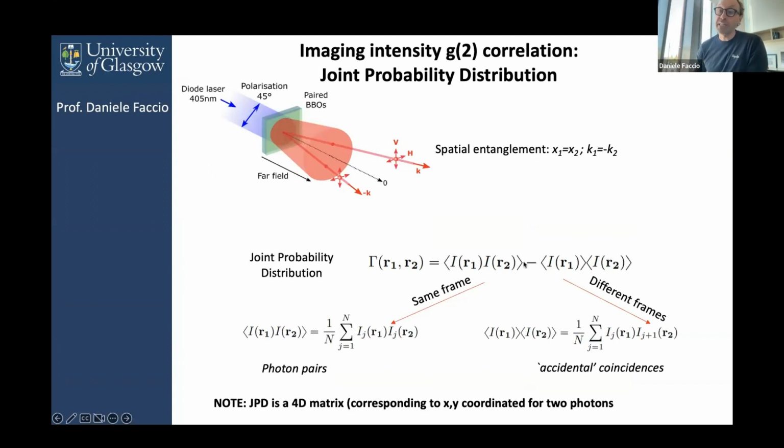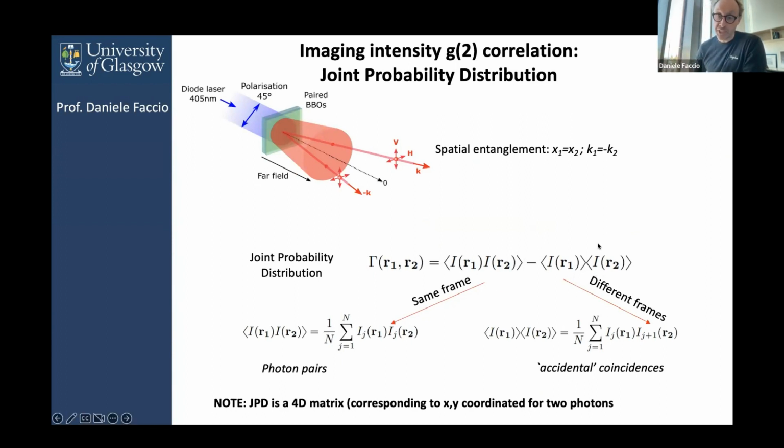The way you do this is you calculate the correlations within the same frame and you subtract out the correlations across different frames, because we know that the correlated photons will appear at the same time. So any correlations happening across frames at different times are clearly spurious, they're due to noise.